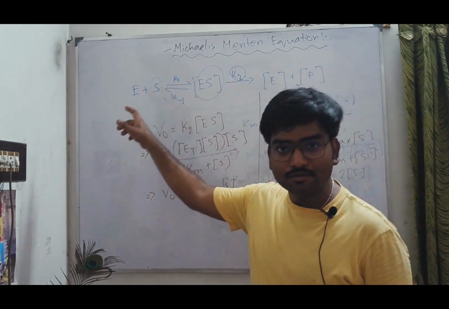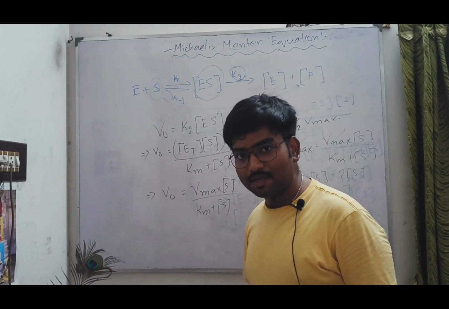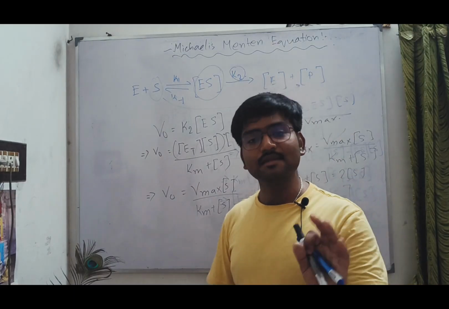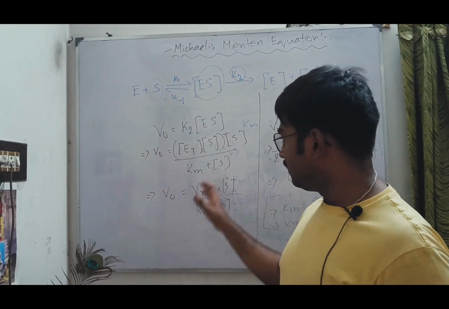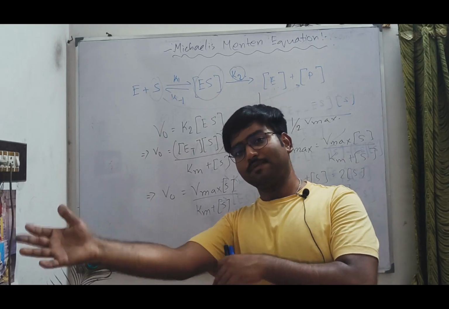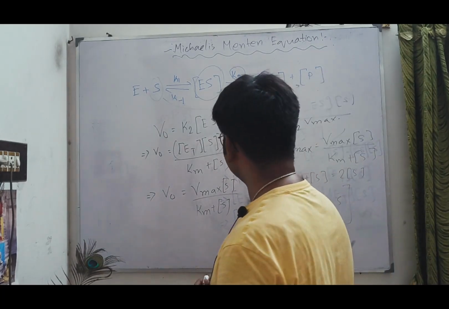We also learned how the formula V0 equals Vmax S by Km plus S came step by step. If anyone has any doubt, pause the video and listen very carefully to what I said for that portion. Also, this graph is well known to all of you.